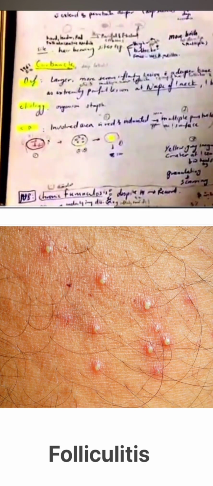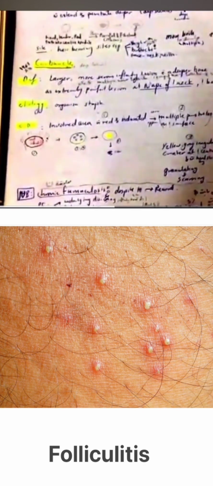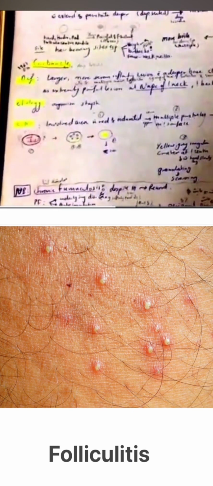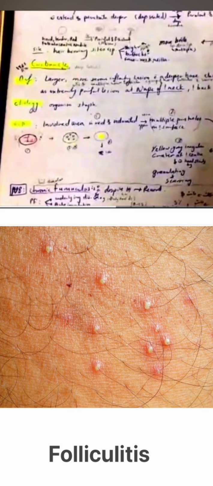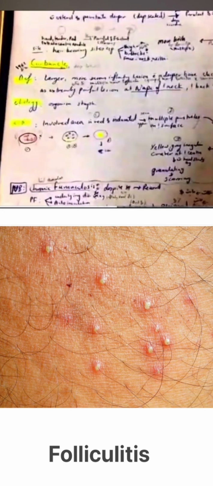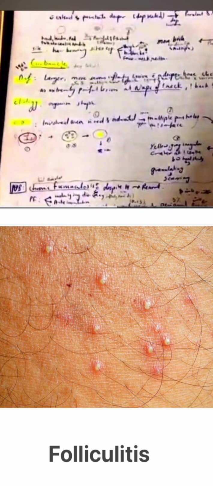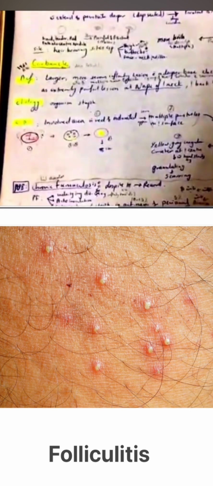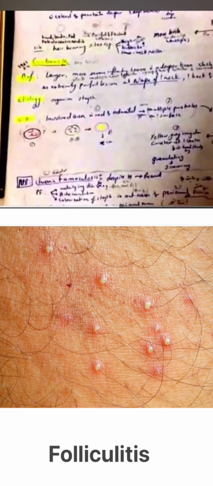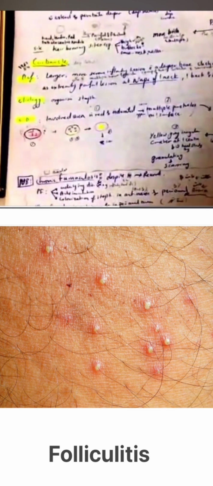Clinical picture: the involved area is first red and indurated, then becomes multiple pustules on the surface, draining externally around multiple hair follicles. Soon the lesion develops a yellow-gray irregular crater at the center, which heals slowly, leading to granulation and scarring. This is the definition, etiology, and clinical picture of the carbuncle.